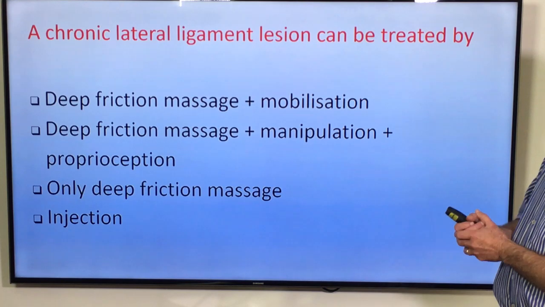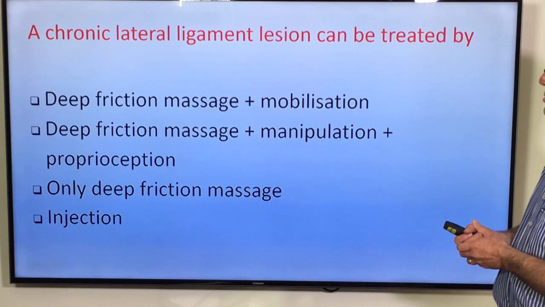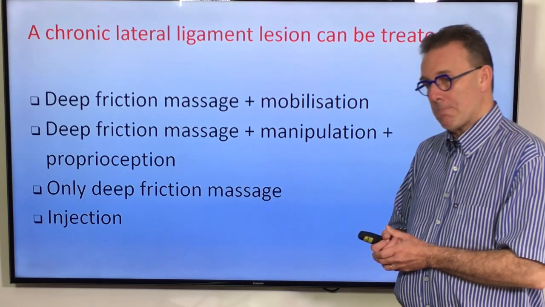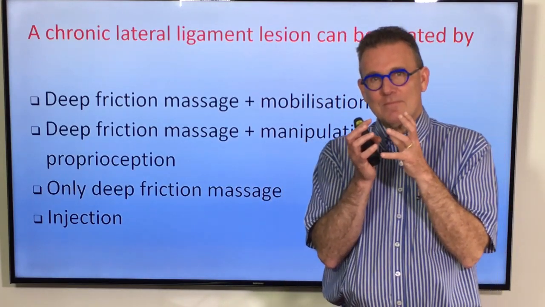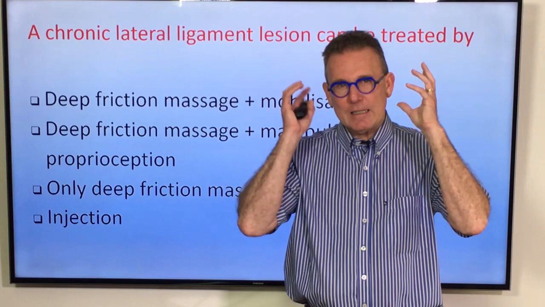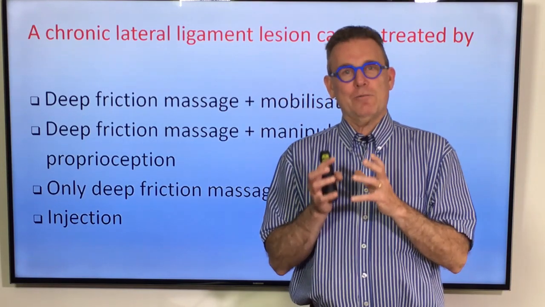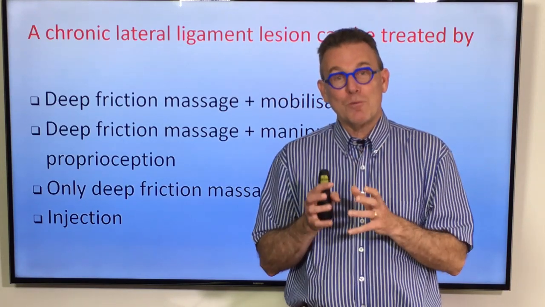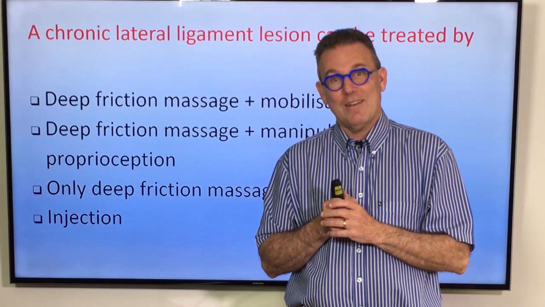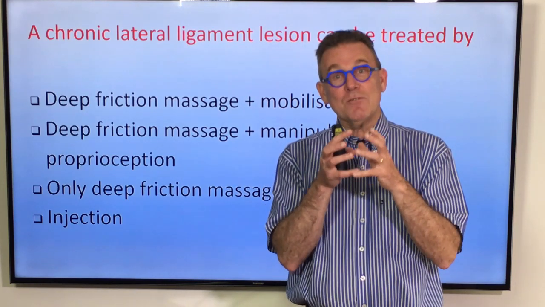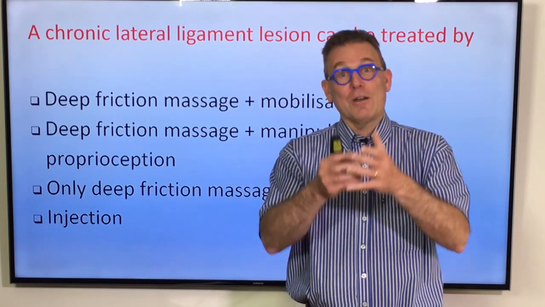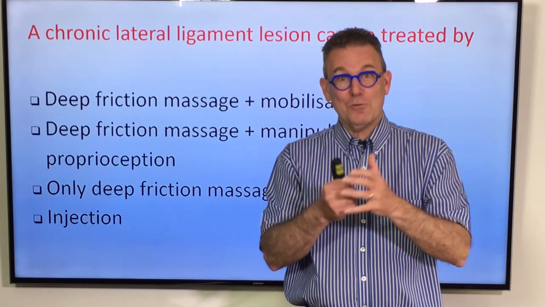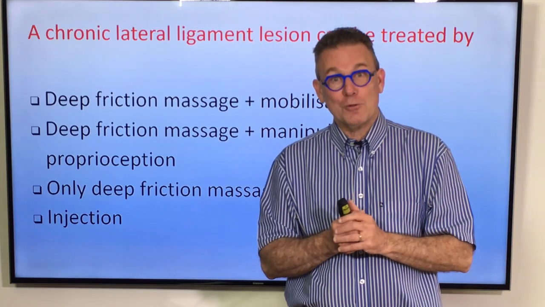A chronic lateral ligamentous lesion can be treated by, so we have a chronic ligamentous lesion. What's happening? Probably there is a problem with scar formation, with adhesive, less mobile scar formation. I refer to the films on the basic principle of orthopedic medicine.